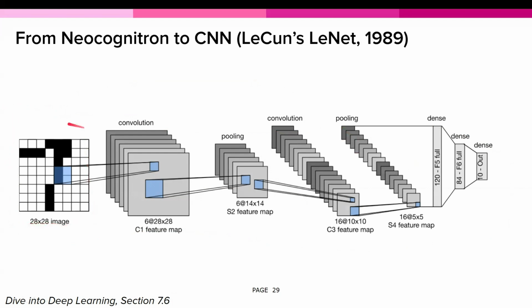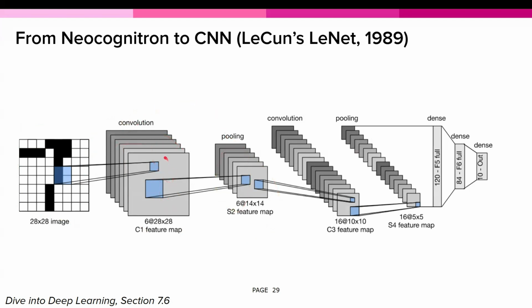LeCun focused on recognition of handwritten digits, and the input to the network was a 28 by 28 binary image of a digit. Similar to the neocognitron's design, the architecture alternated between feature extraction performed by convolutions and then pooling.